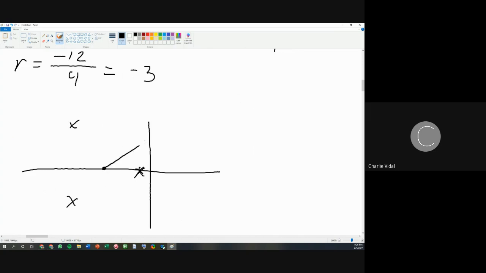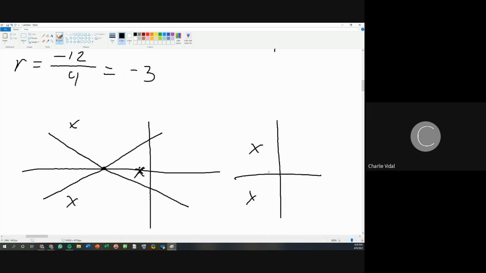They go in this direction, this direction, this direction, and this direction. Now, I do want to make something clear. So this line basically has a slope of 1. So do not draw the line like this. So let's redraw this.